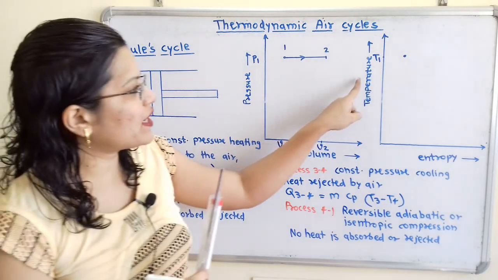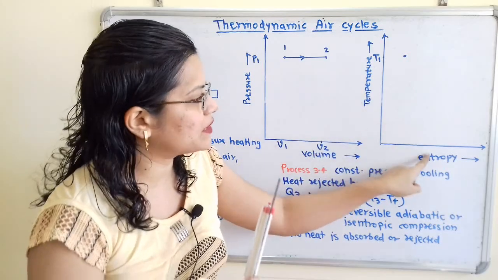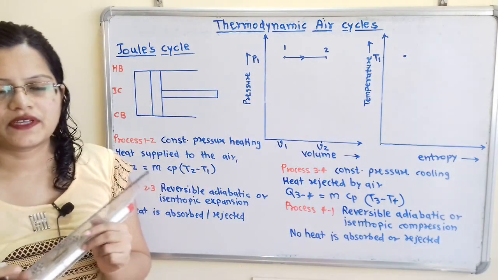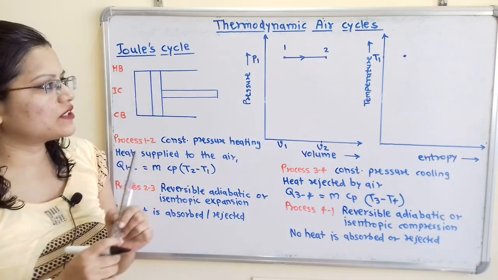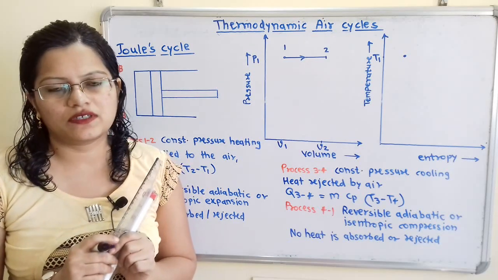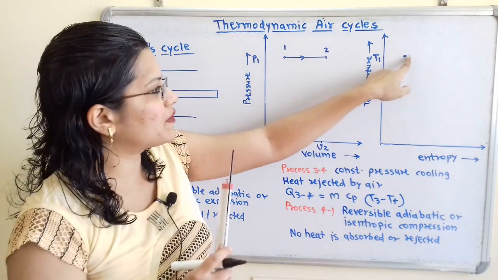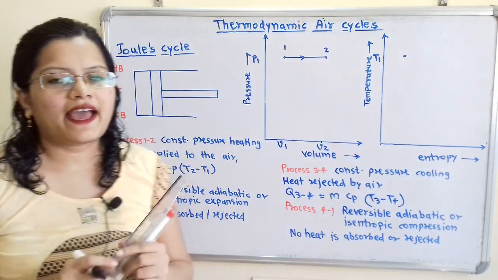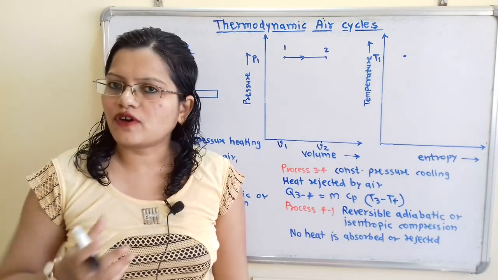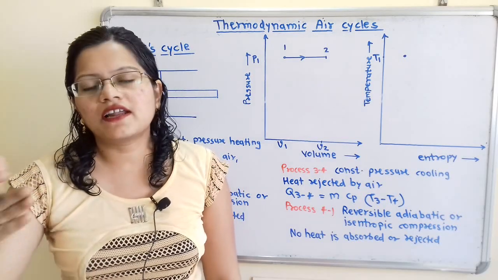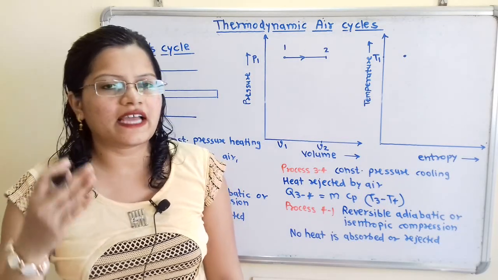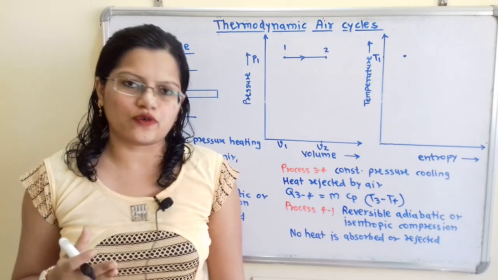Now how we can show this process on the temperature entropy diagram? Whenever the heating process is taking place, its temperature will get increased, and as the heat is getting absorbed by the air, its internal energy is also getting increased and there is the increase in entropy.